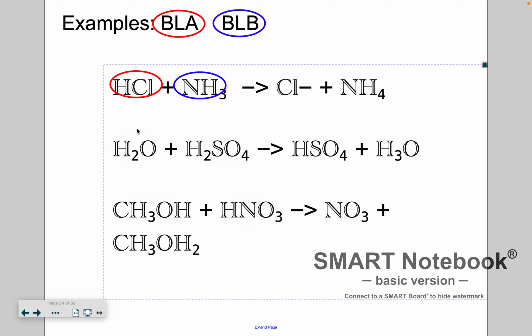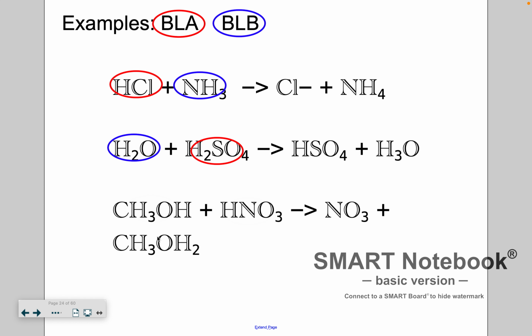I'm almost positive I have the colors mixed up here. Let's just find out. So this H2SO4 donated a proton to H2O, so now H2O becomes H3O. So this is my acid, and this is my Bronsted-Lowry base.